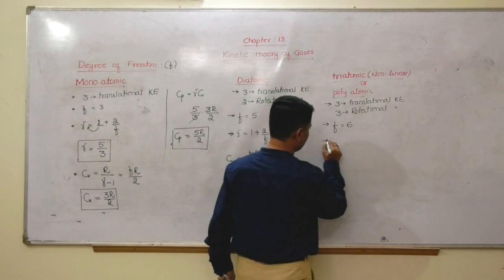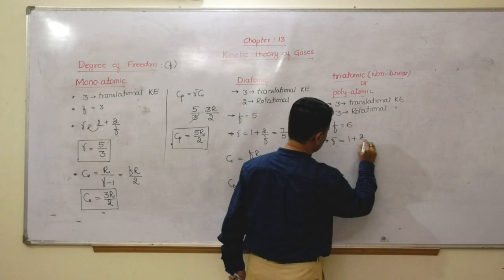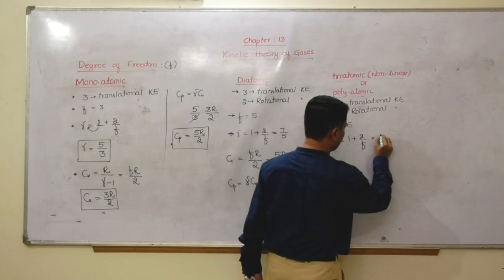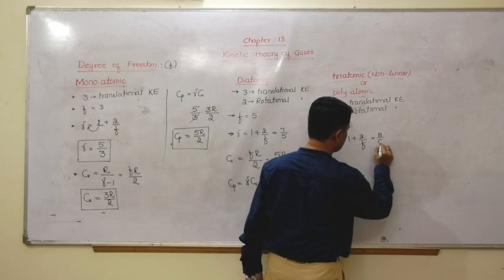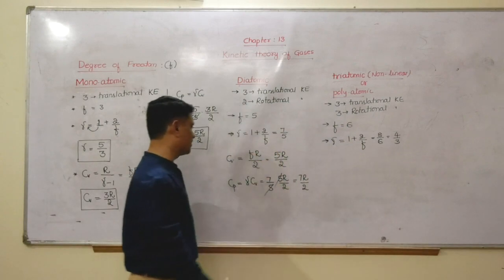Then gamma is equal to 1 plus 2 by F, which is 8 by 6, or 4 by 3.